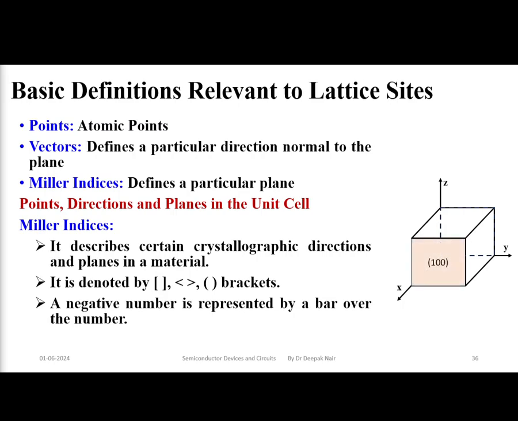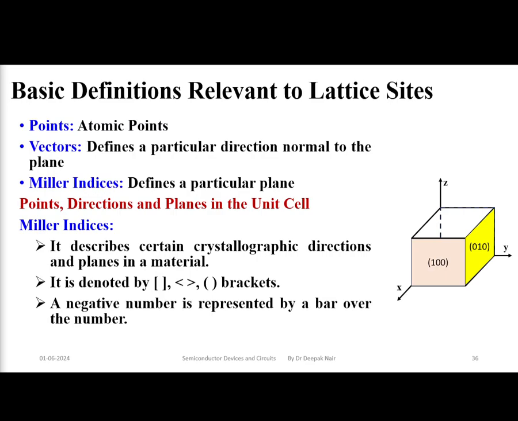For example, this front face is represented by 1, 0, 0. Why? Because you can see this plane is touching only the x-axis. This plane is not touching the y-axis and it is not touching the z-axis. Therefore, 1 represents the x-axis, then 0, 0 represents that it is not touching the y-axis or z-axis.